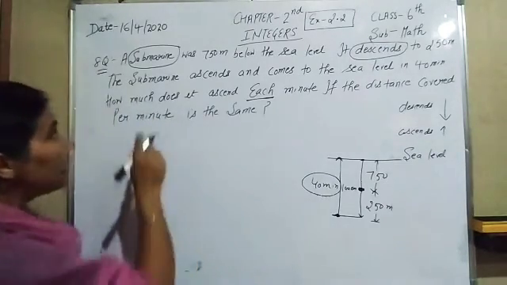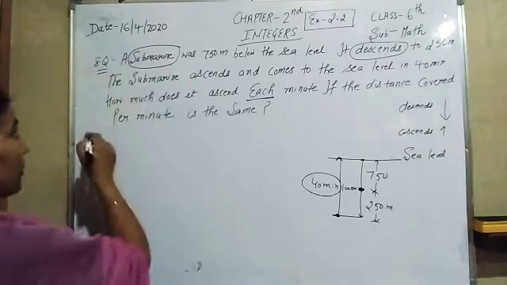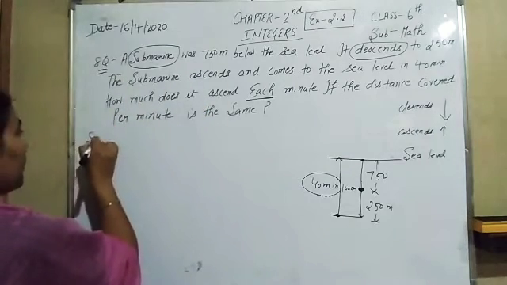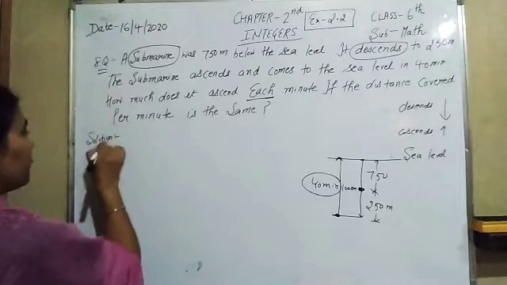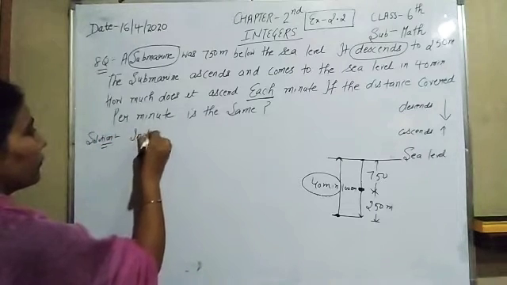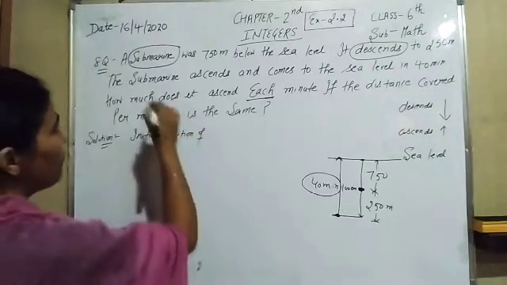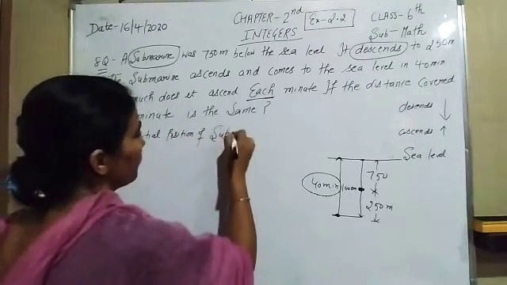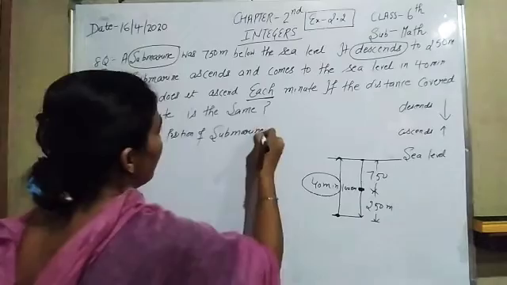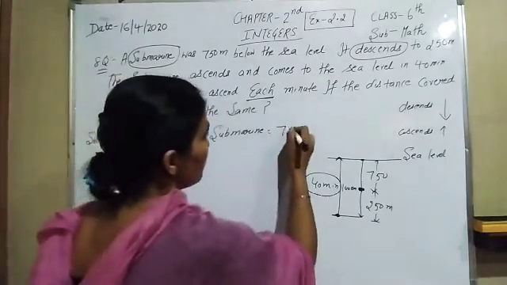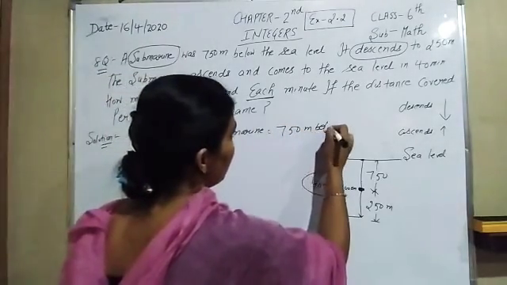Now look here. Firstly, the initial position of the submarine is equal to 750 meters below the sea level.